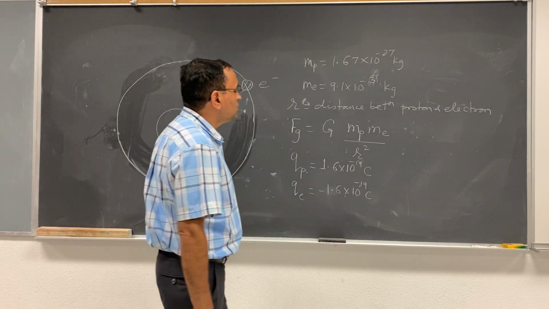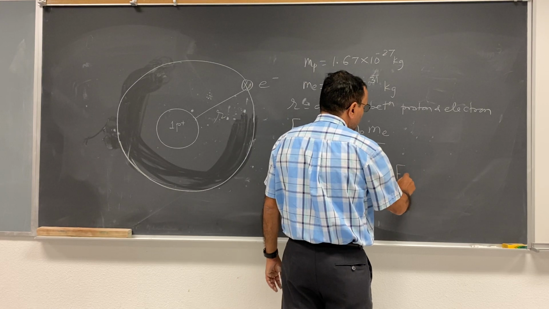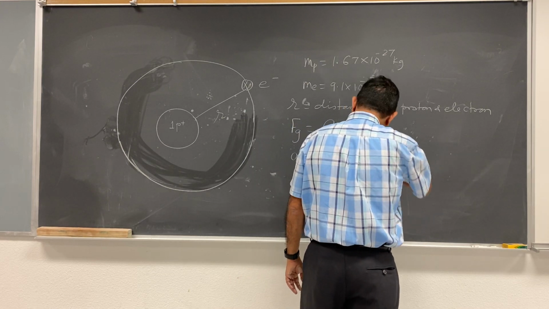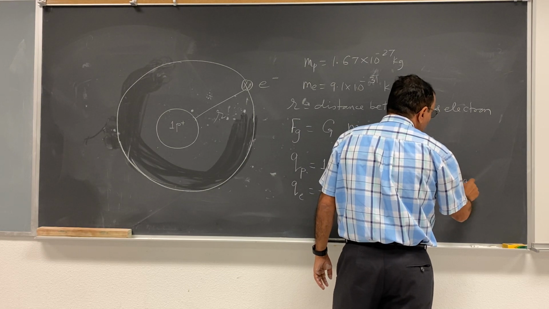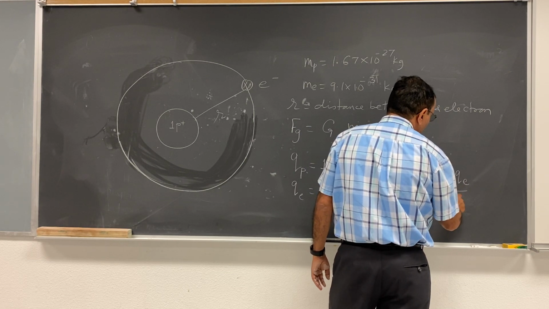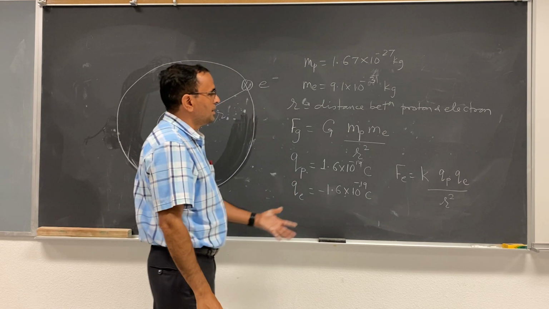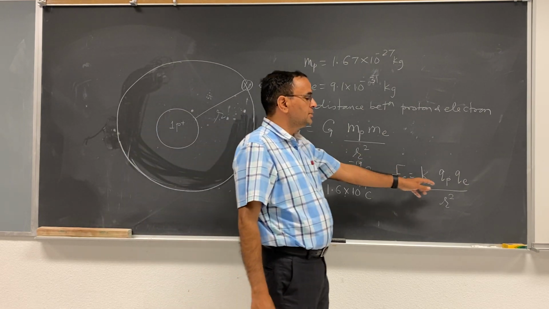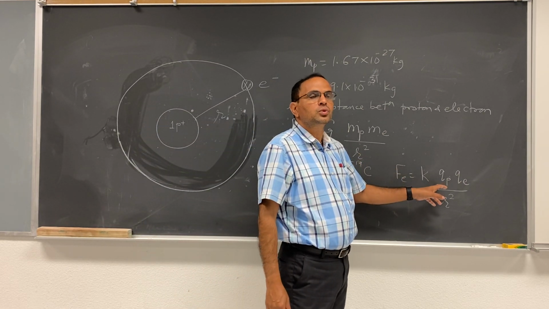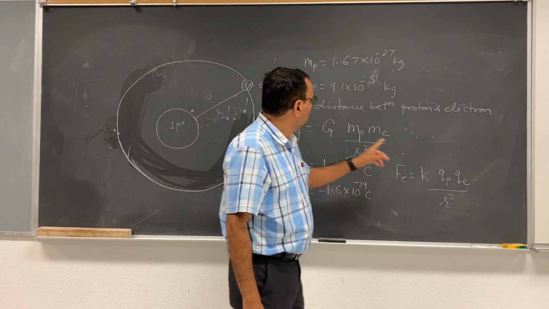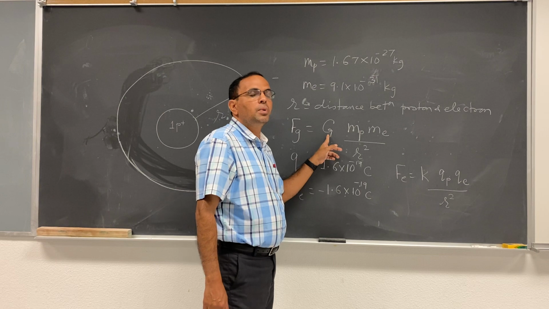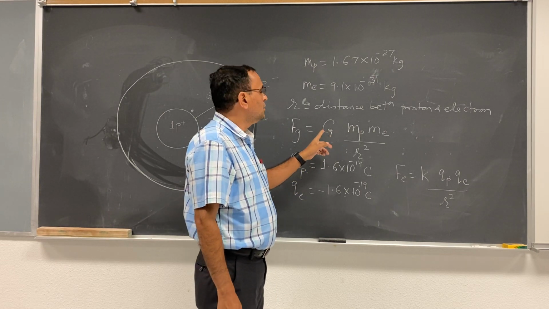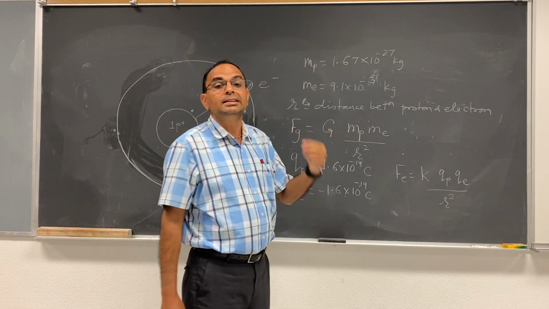And of course you can use the formula, electrostatic force F of E equal to K QP times QE divided by R square. R is the same. And K here is 9 times 10 to the power 9 Newton meter square per coulomb square. Gravitational constant here is 6.67 times 10 to the power negative 11 Newton meter square per kg square.